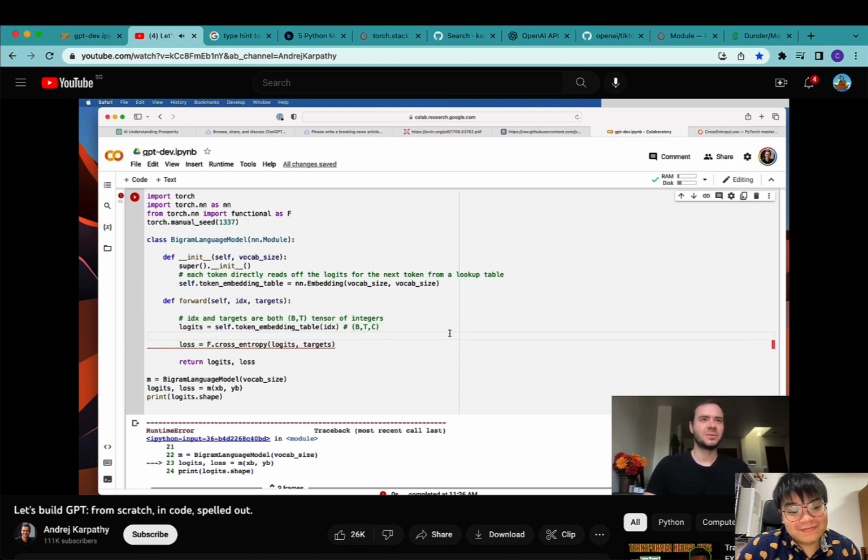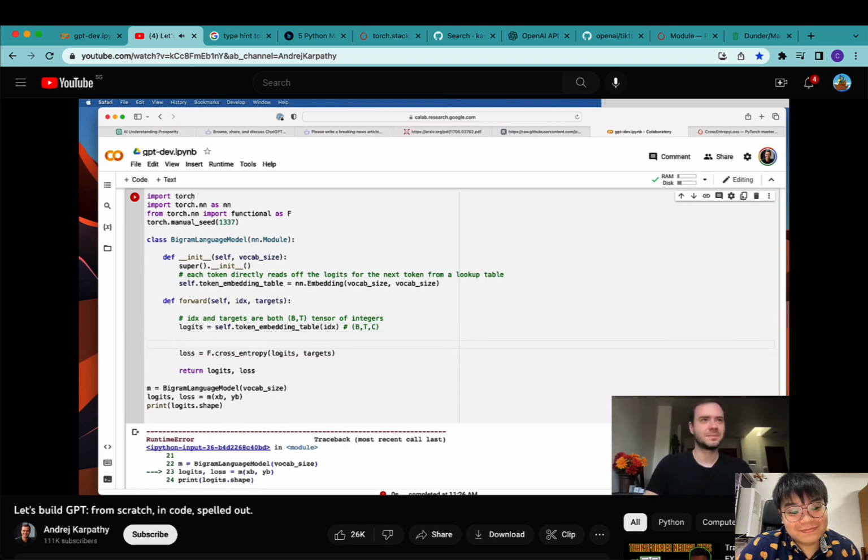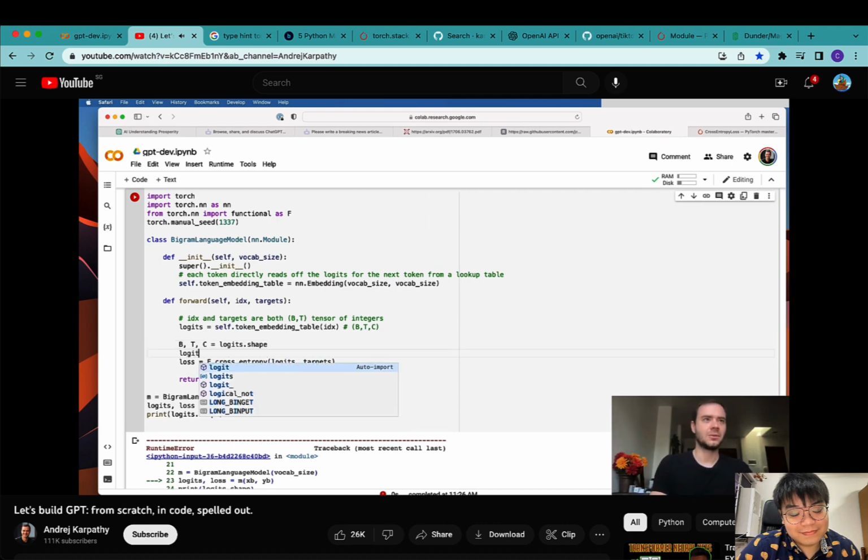So what we're going to do instead is reshape our logits. Here's what I like to do: I like to give names to the dimensions. So logits.shape is b by t by c, and we unpack those numbers. Then let's say logits equals logits.view, and we want it to be b times t by c, so just a two-dimensional array.